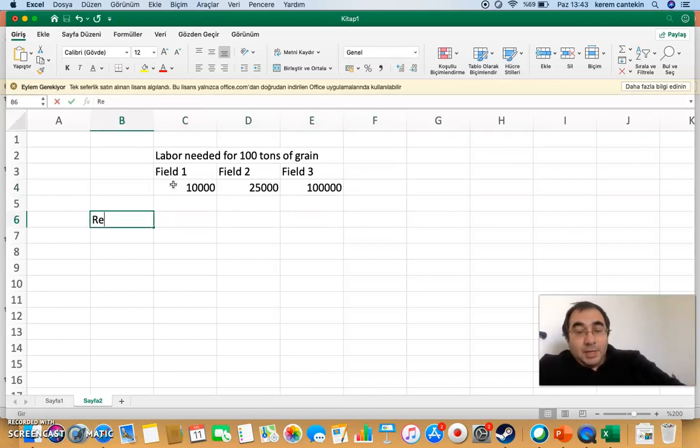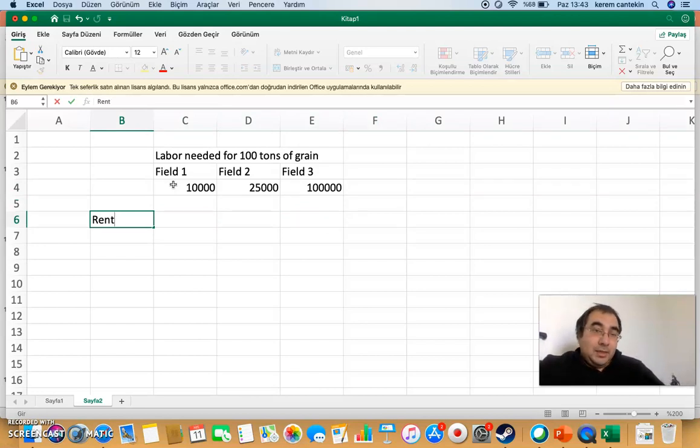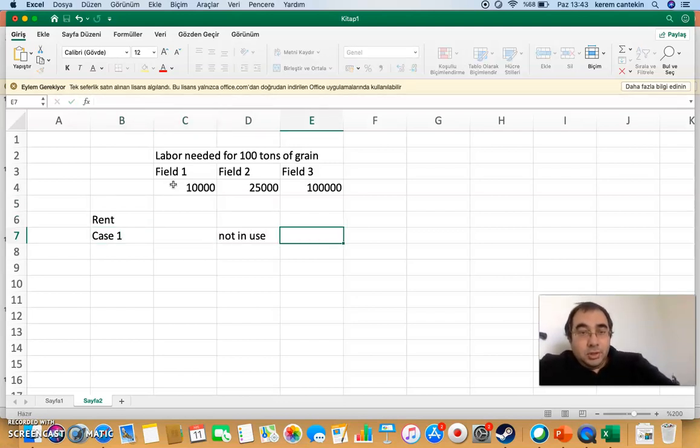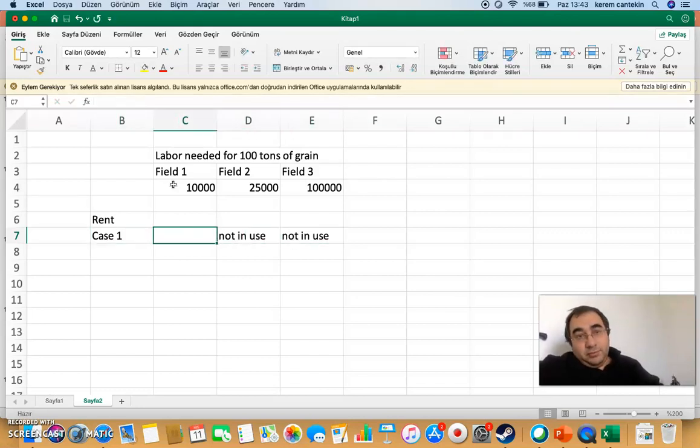So, how much rent do we get if only field 1 is in use? If the demand for food is very low, only the most fertile land is in use, and we might assume that part of the most fertile land is not used at all.